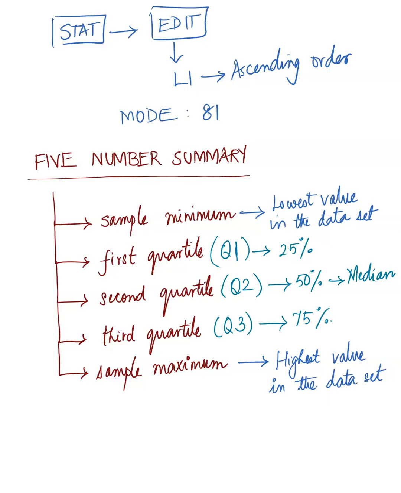We can also get this using a special graph called the box and whisker plot. So let's first start off with the values itself. Maybe I'll give you a problem here.